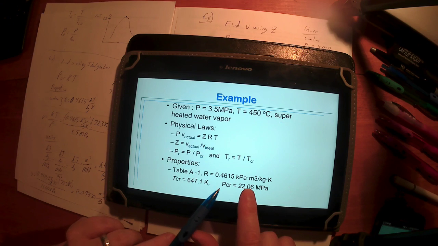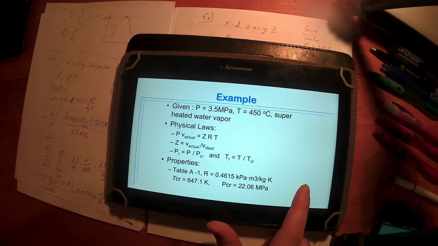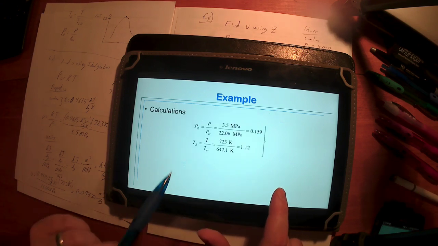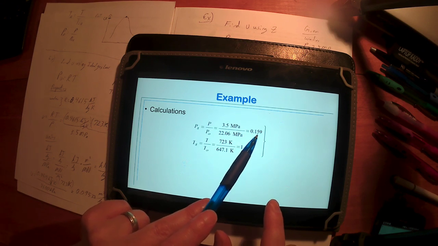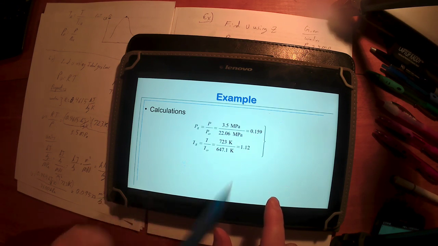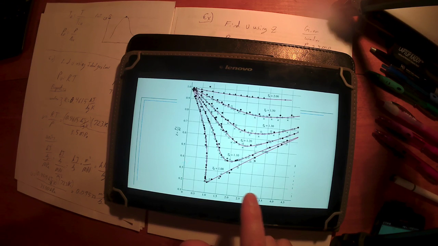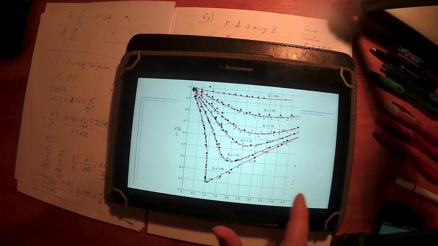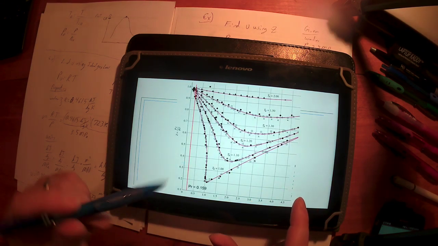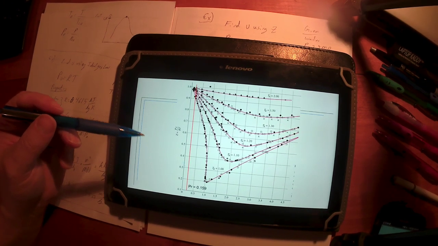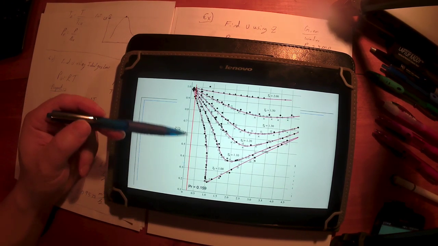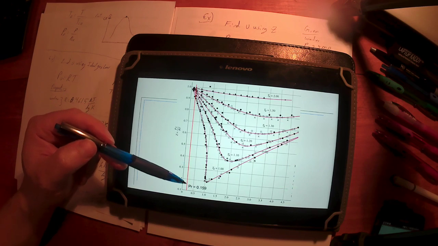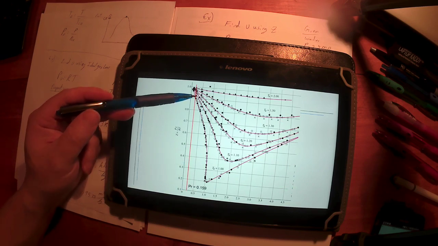Okay, so go look up R and critical point properties, same thing we just did. And again, we're going to use these two properties, 0.159, roughly what we had, and 1.12. We're going to use that to go find a z-value on this chart. And you can plot, as I said, let's make sure that's showing up pretty good. Is that showing up good? Yeah. So, not bad, right? So I can plot a line of PR right in here somewhere.